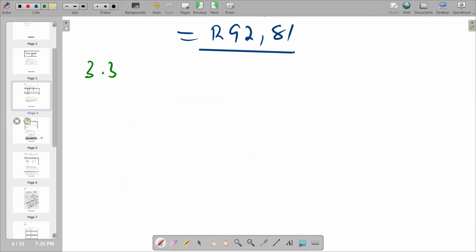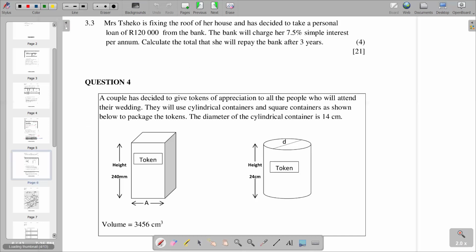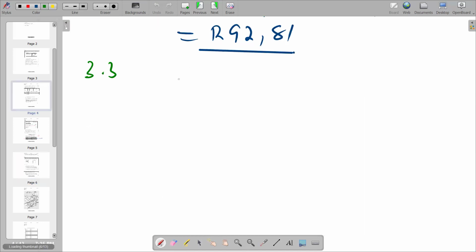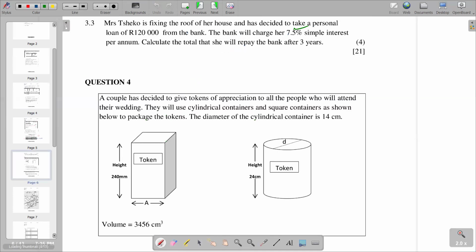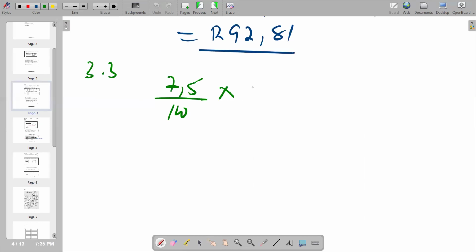So 3.3, we are saying 7.5%, and 7.5% is 7.5 over 100. And then we multiply by the principal amount that we have, which is 120,000 rands. So with that, we get the annual interest.